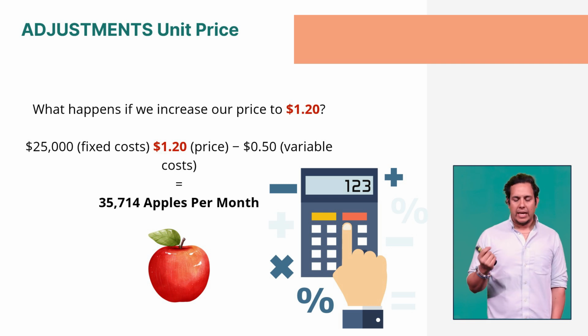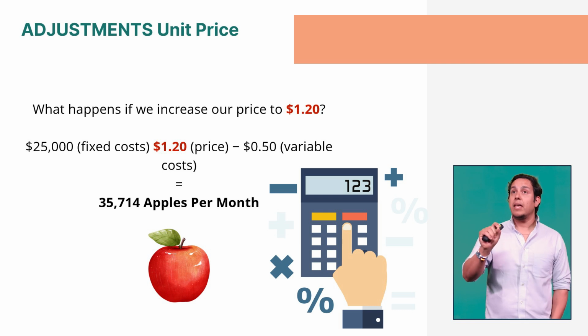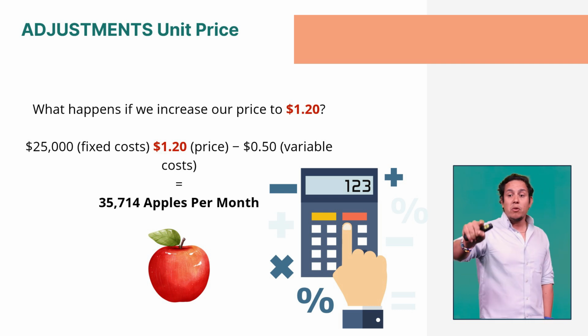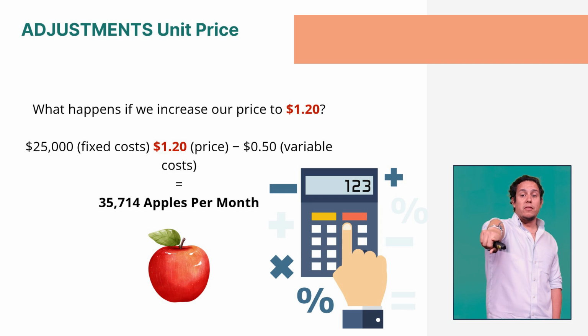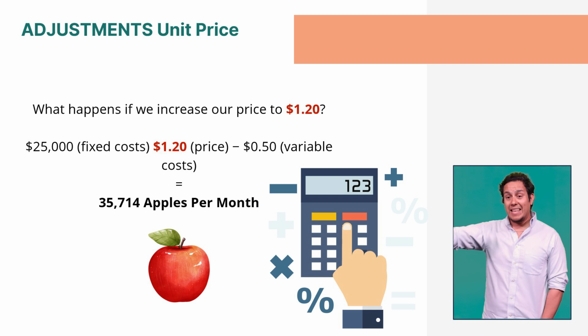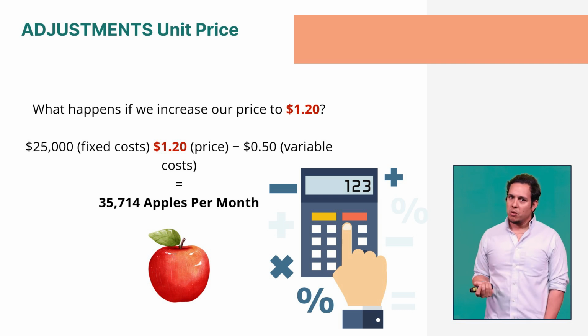The net profit is, most times, at zero if we find ourselves at this break-even point. Anything we sell above the 35,000 apples is going to affect our net profit. Anything below, we're going to need to cover somewhere else.